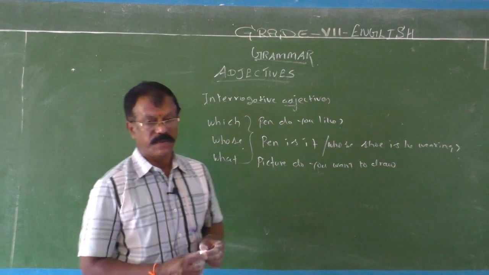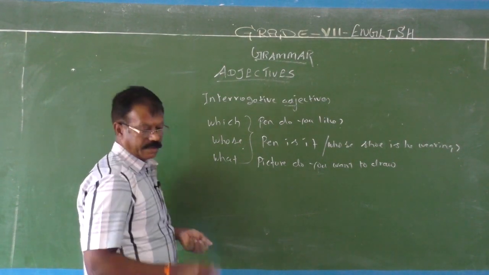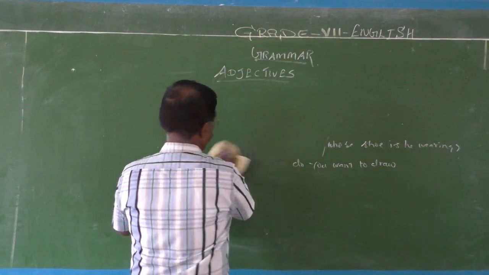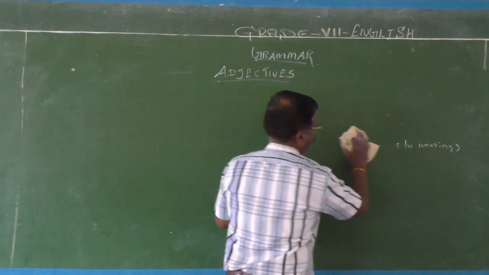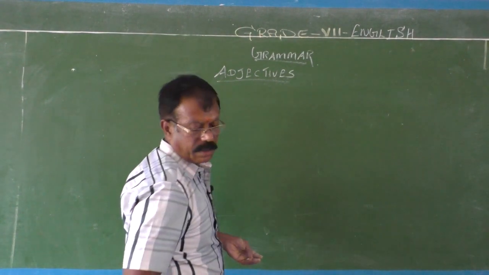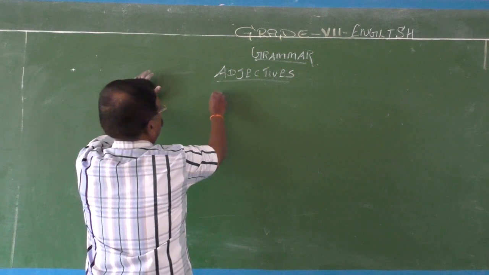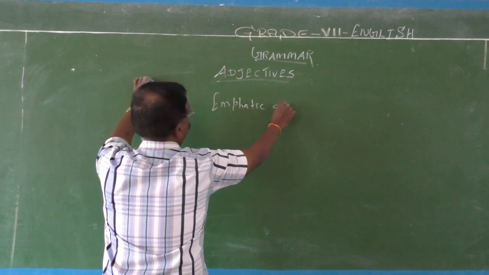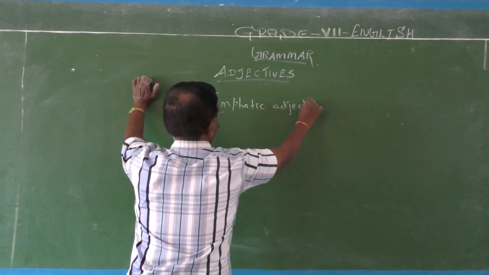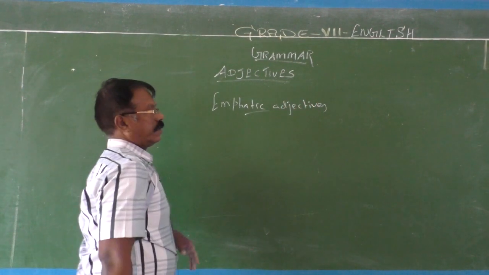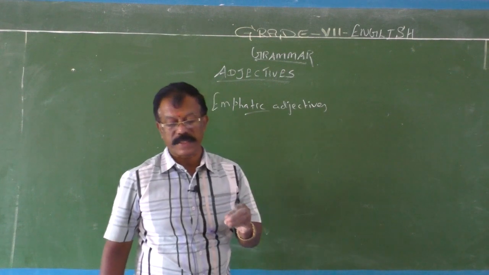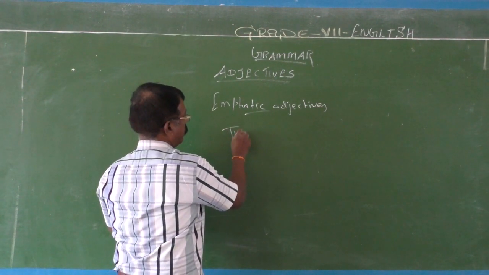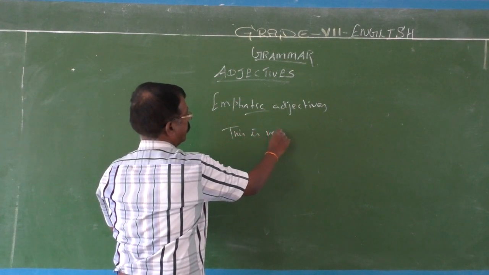For example, this is very correct. Emphatic means emphasizing. We call these adjectives emphatic adjectives because they emphasize certain things.